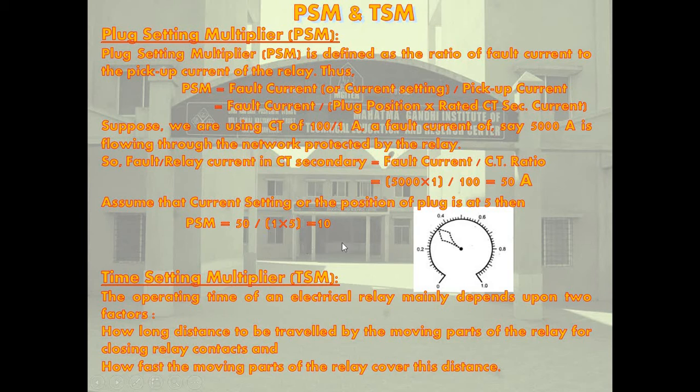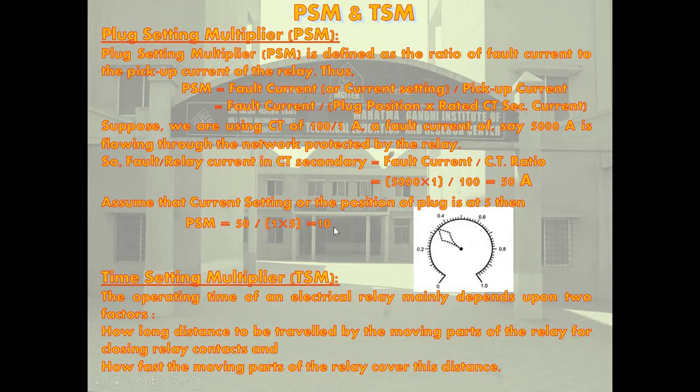Suppose we are using a CT ratio of 100 by 1 ampere and a fault current of say 5000 ampere is flowing through the network protected by the relay. So relay current in the CT secondary equals fault current divided by CT ratio: 5000 into 1 divided by 100, and we get relay current equal to 50 ampere.